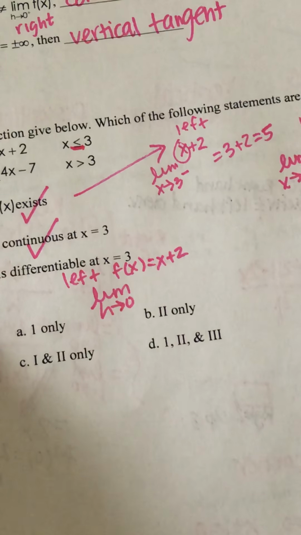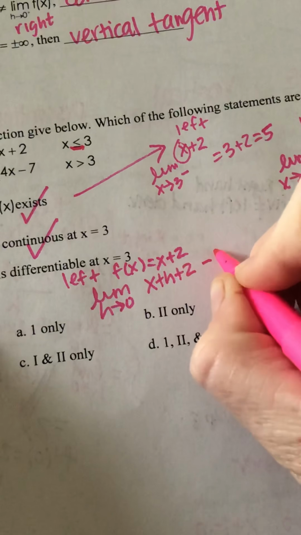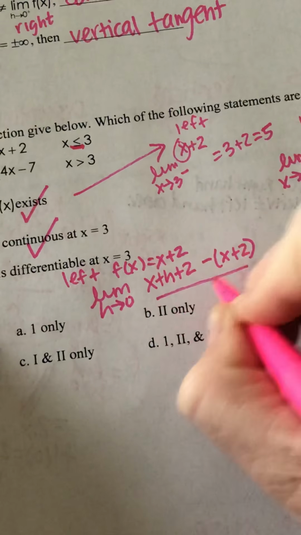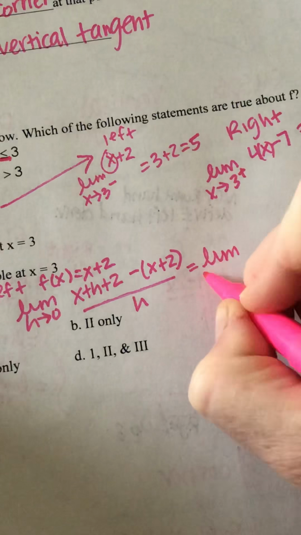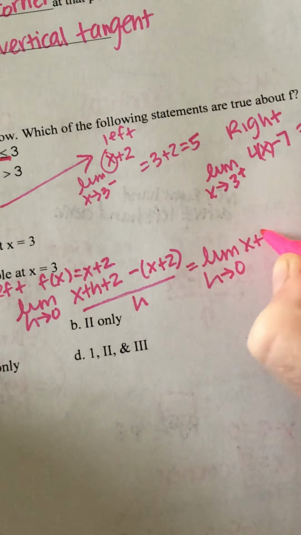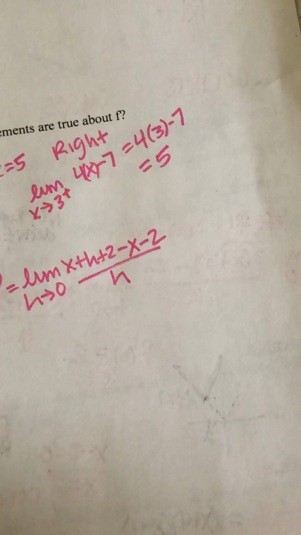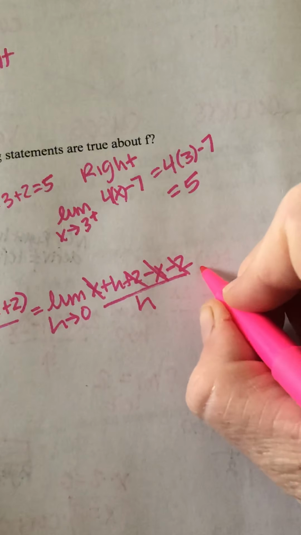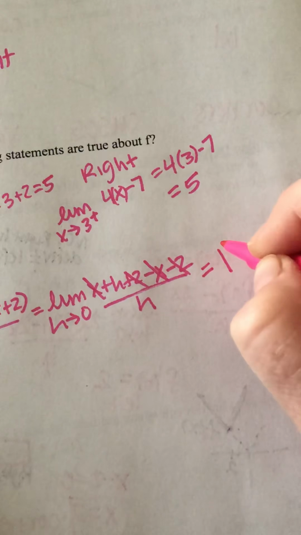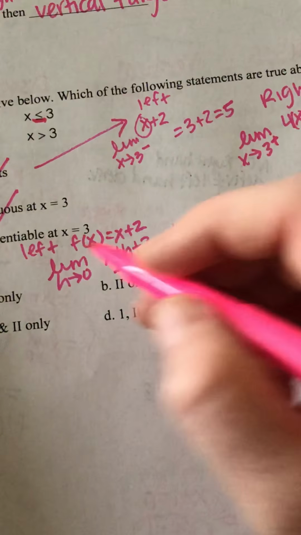So that would be x plus h plus 2 minus x minus 2 all over h, and those cancel. That's h over h, which is just going to be 1. So the left side derivative is 1. And now I want to try the right side derivative.